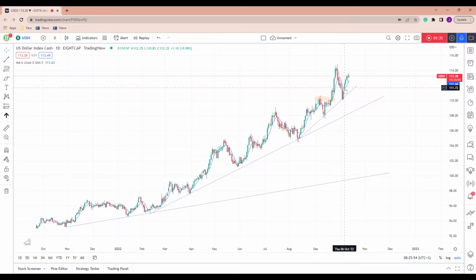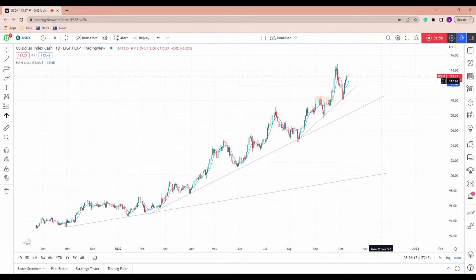All the buyers that came into the market in this area, or even through this area here, who are still in the market could be caught in fast selling and then add to the selling, which does create a faster move. And if that did happen, potentially we could see a move back down to the 110 area, and if it was really bad, possibly we could end up at the 108.